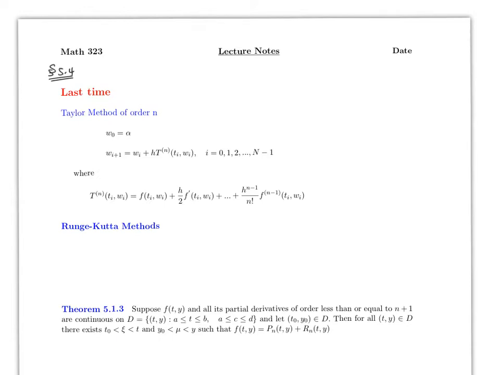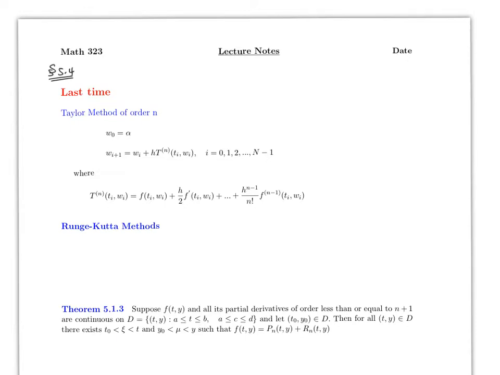Last time we talked about Taylor methods of order n. The difference formula looked like this, where Tn was equal to all of this beautiful thing right here.